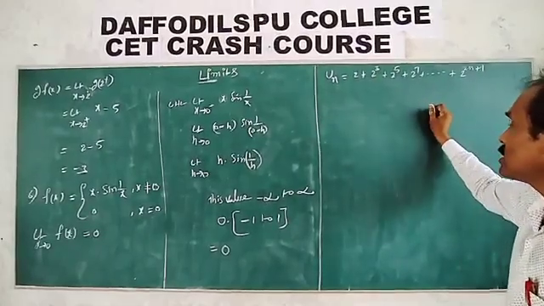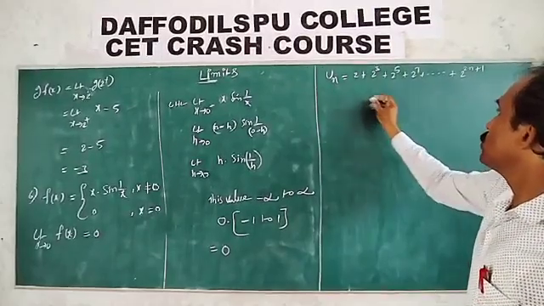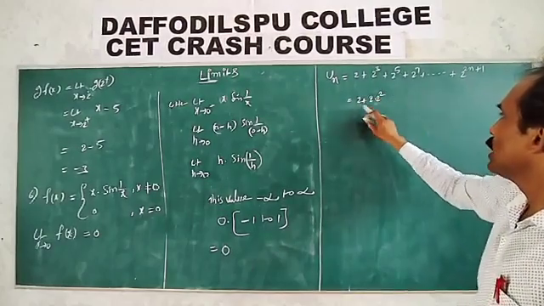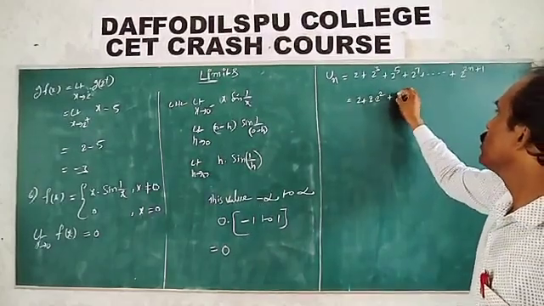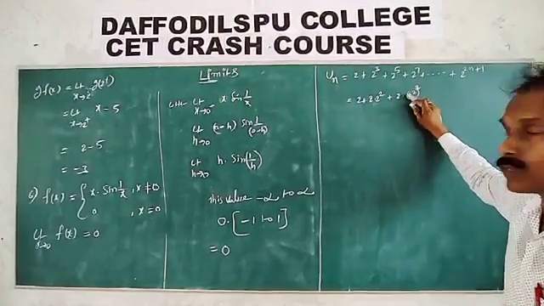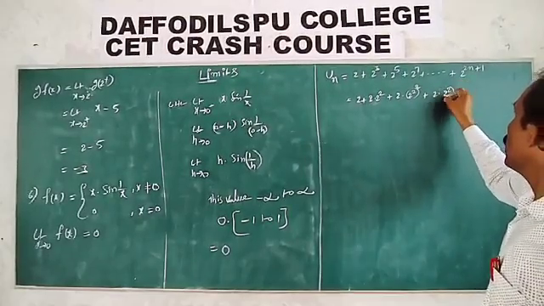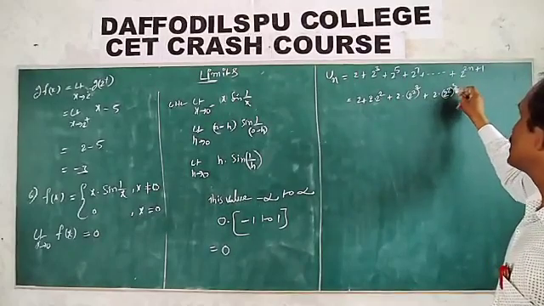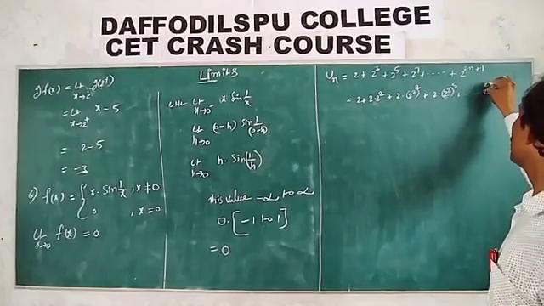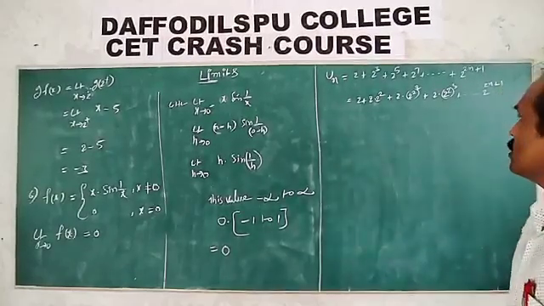This is in GP. It can be written as 2 into 1, plus 2 into 4, plus 2 into 4 square, plus 2 into 4 cube and so on. This is in GP.